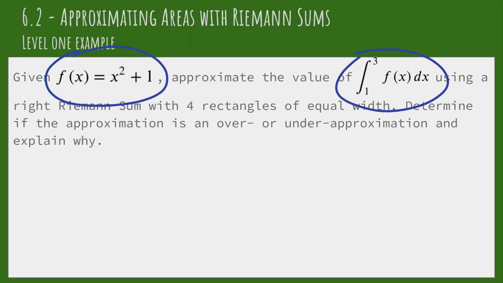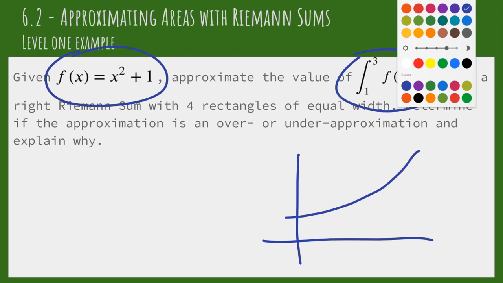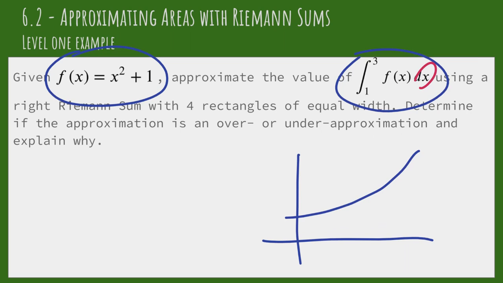So just real quick, before we get into the examples, a reminder of what we're trying to accomplish here. If we were to graph this function, x squared plus 1, it's going to be a parabola that opens up with a y-intercept of 1. We want to know what is the area between that curve and the x-axis between x equals 1 and x equals 3.